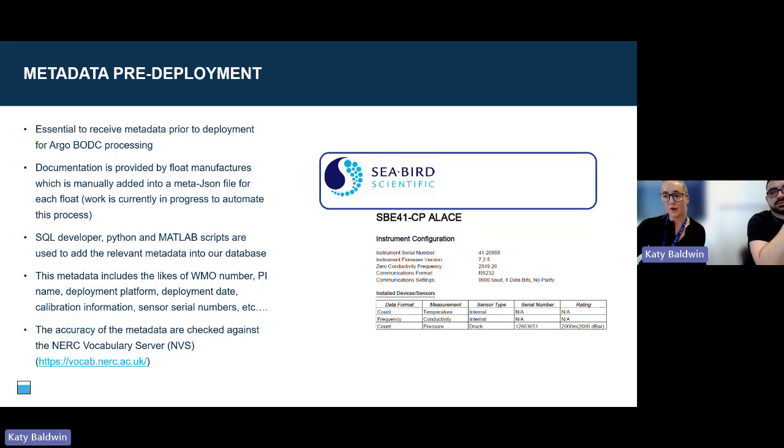And how we do this for Argo floats is the float manufacturers provide us with the documentation, and we load this into our database using SQL Developer and several different Python and MATLAB scripts. This metadata includes the likes of WMO number, PI name, platform, deployment platform, sensor serial numbers, and so on.